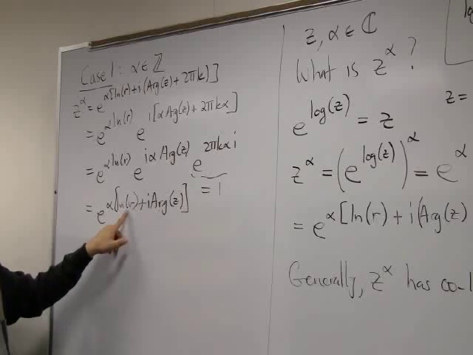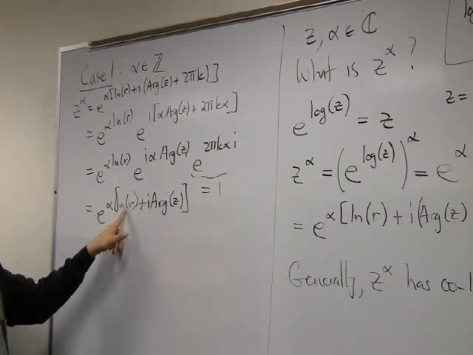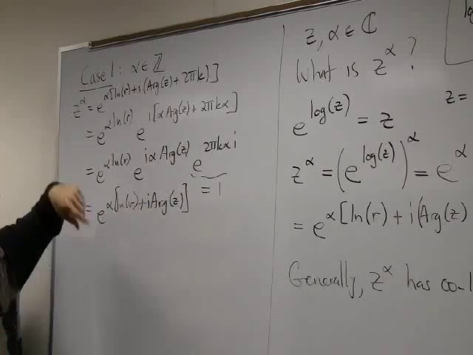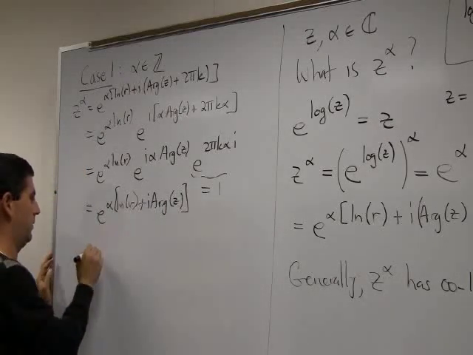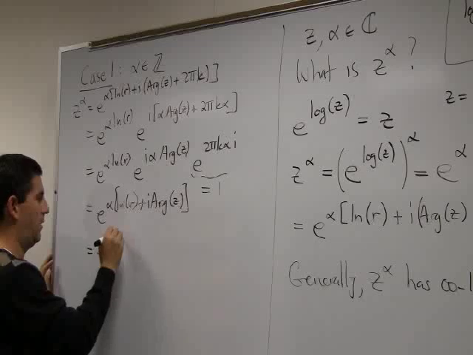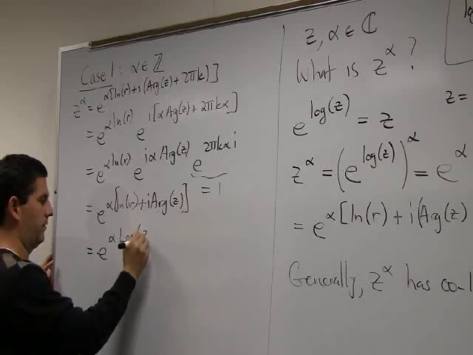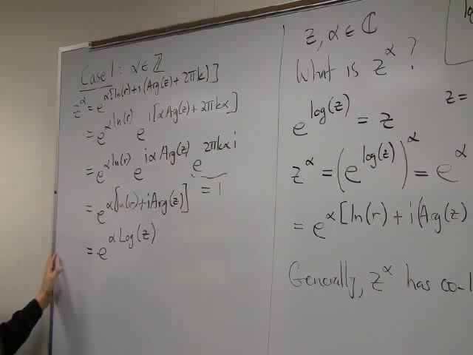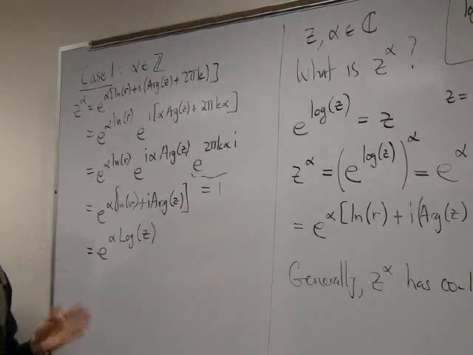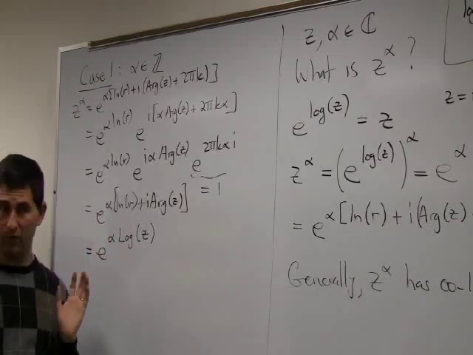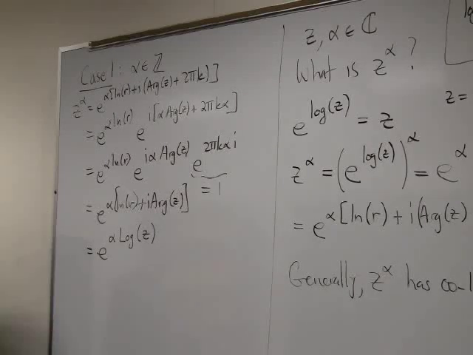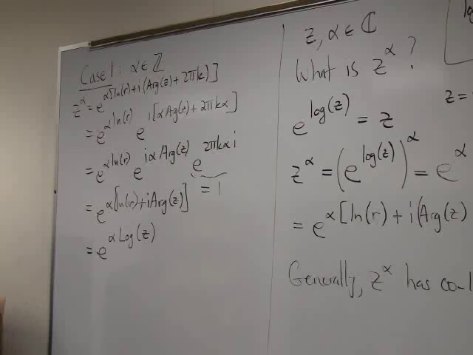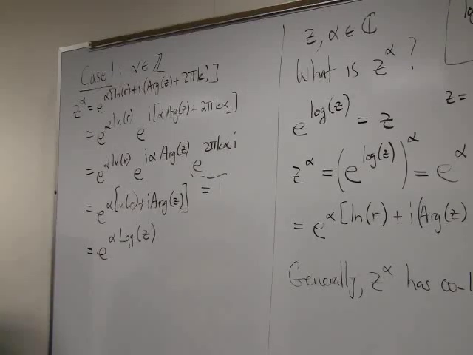This is again just log of z with big L. This is e to the alpha big L log of z, which has just one value, right? Remember, log of z is an honest to goodness function. So if you take a complex number and raise it to an integer power, you actually get a function. Z to the alpha is a function in that case.